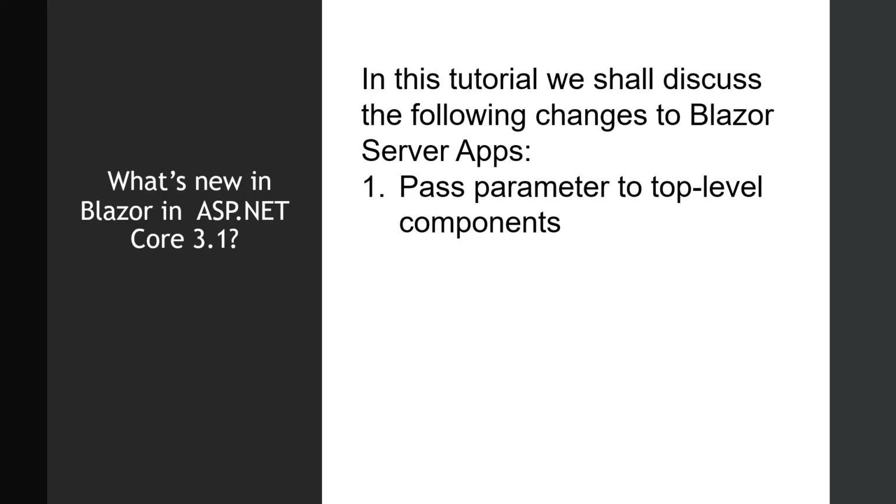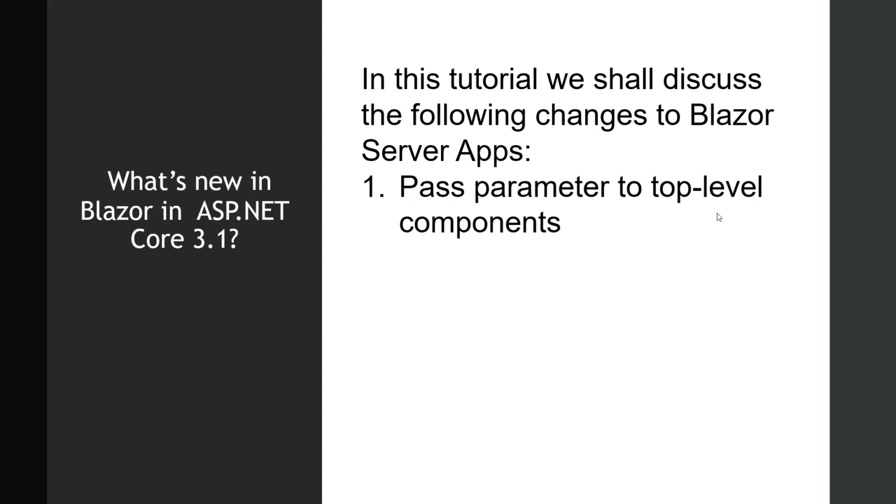Hello and welcome everyone. Continuing with our previous lecture on what's new in Blazor in ASP.NET Core 3.1, we'll be looking at a couple of other new features that have been released in the recent Blazor version, also 3.1, with the same name as ASP.NET Core.